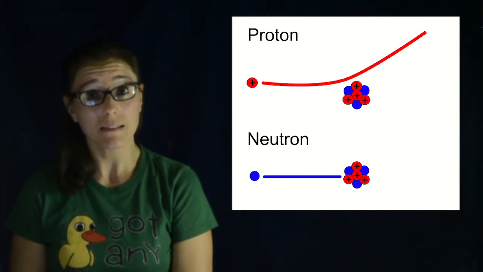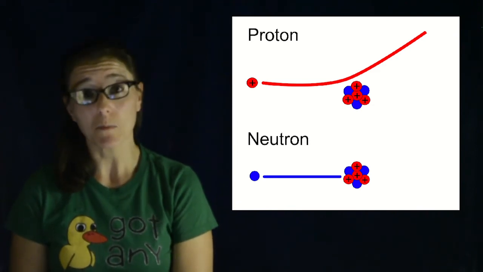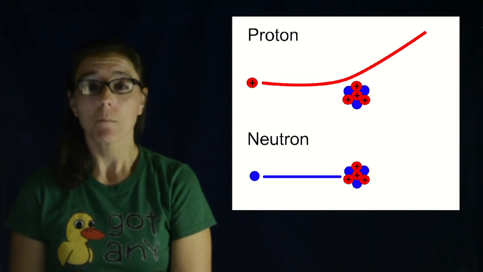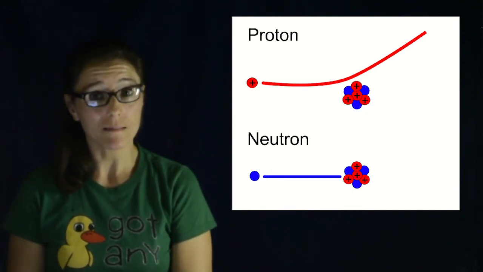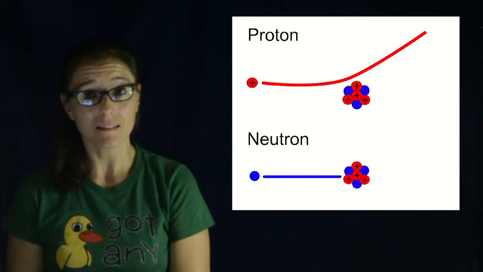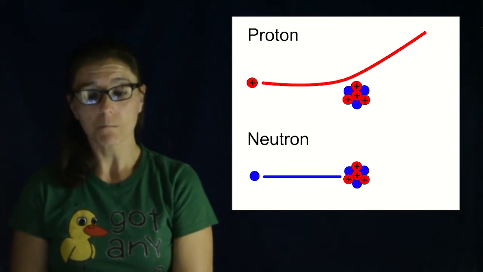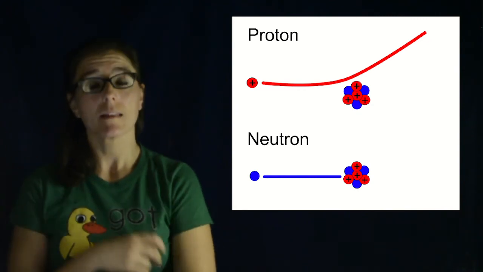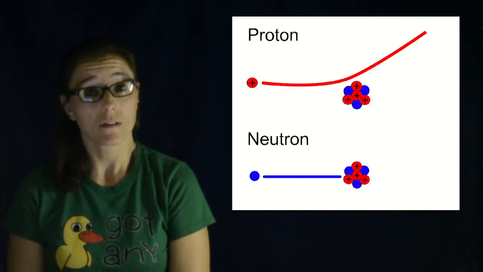That would be like me shooting ants at you, and that would be annoying, but ultimately it wouldn't really do anything. But a neutron is reasonably massive and neutral, so it's not easily deflected. And so a neutron is actually what is used as the bullet that breaks apart the nucleus of a large atom.